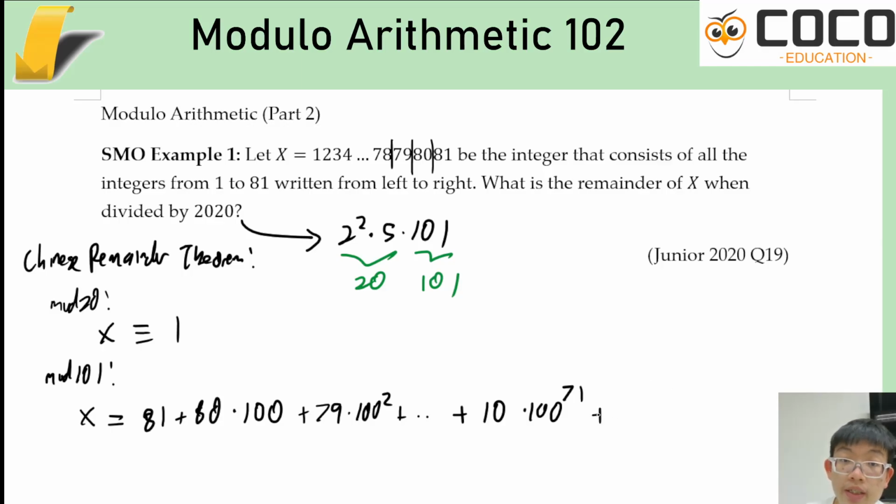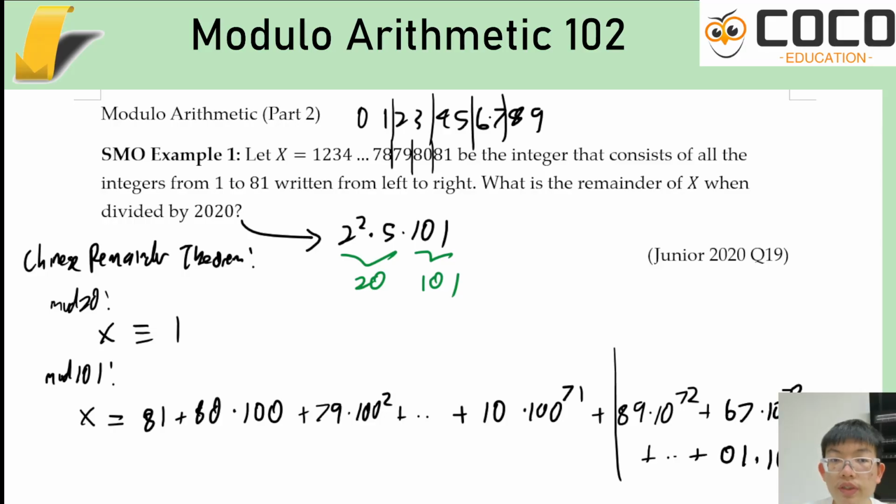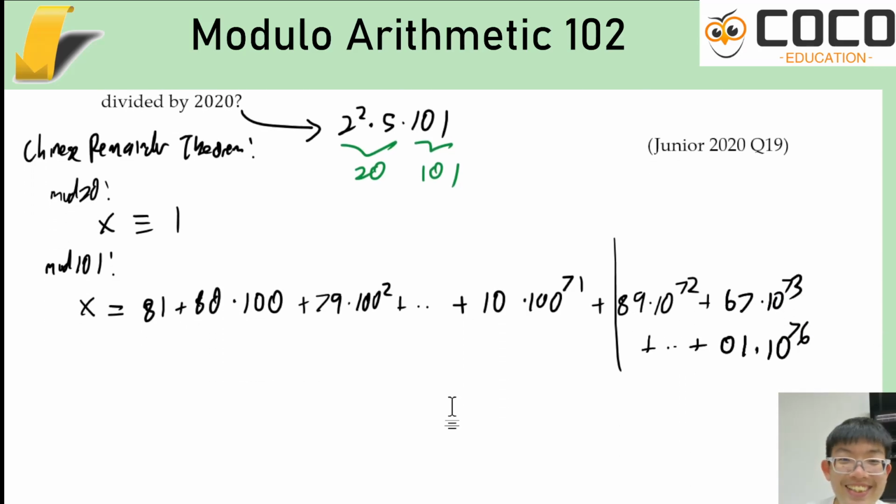Followed by the rest of them, which would be just the single digit numbers, which I can also divide into blocks like this. So 72, 73, 74, 75, 76. Oops, my face is blocking this, isn't it?